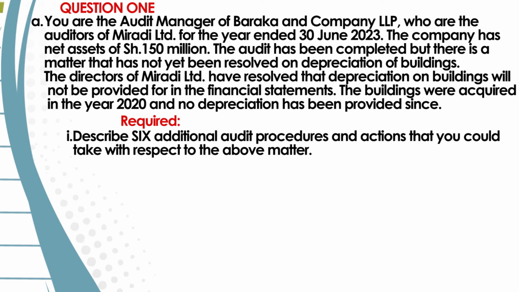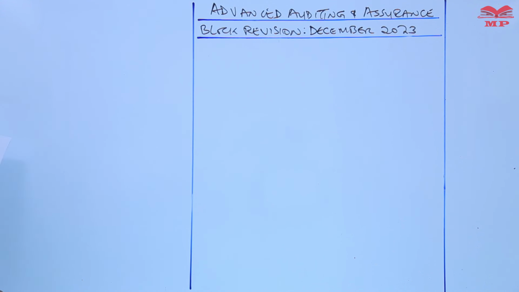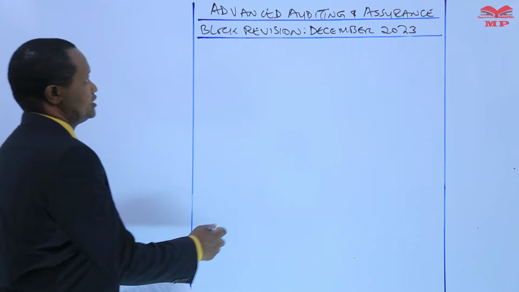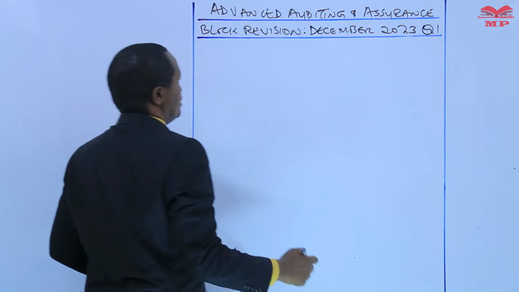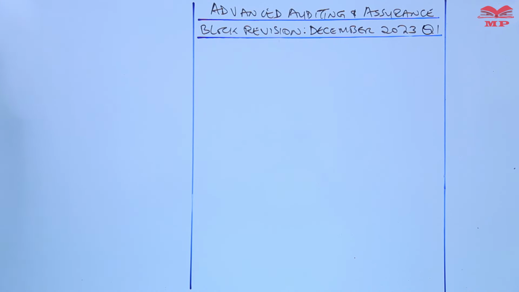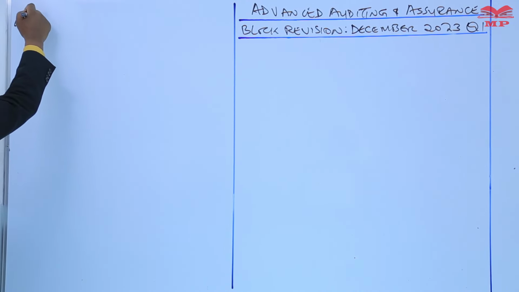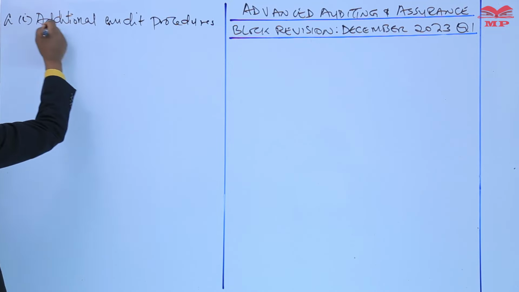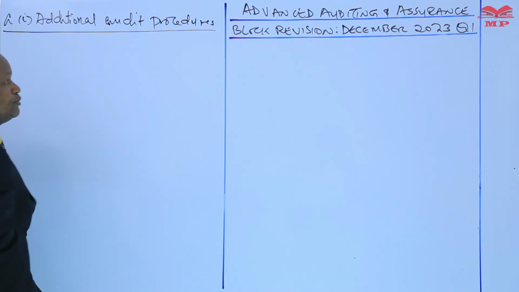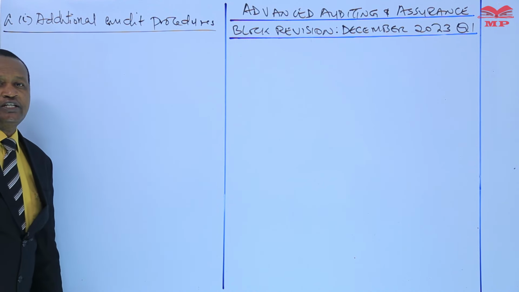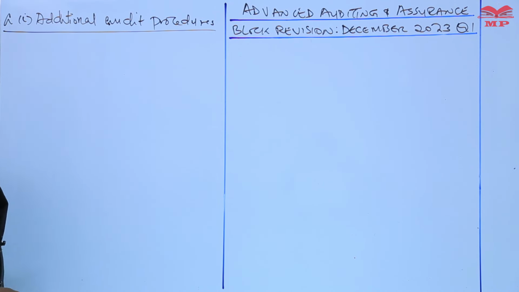Candidates were required to describe 6 additional audit procedures and actions that could be taken in respect to the above matter. So let us put down the additional audit procedures. This is December question 1, A, Roman 1. What are the additional audit procedures that the auditor should perform in respect to buildings?